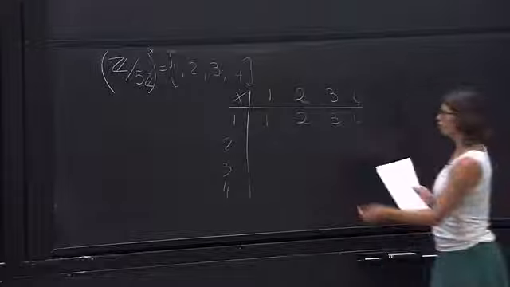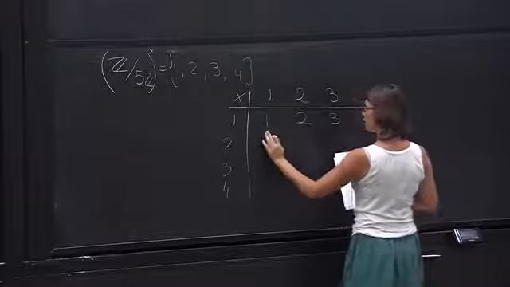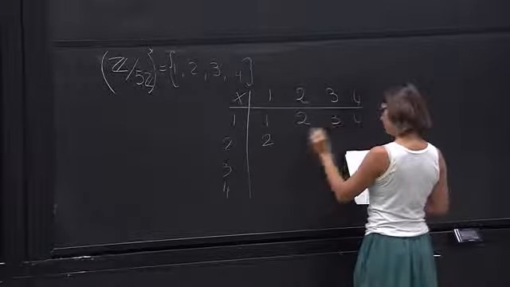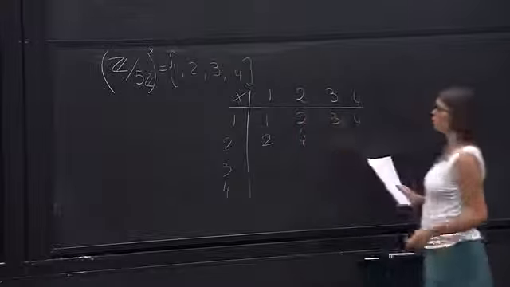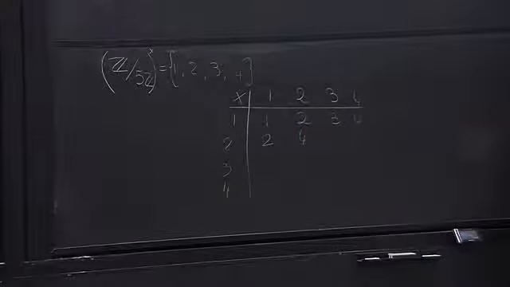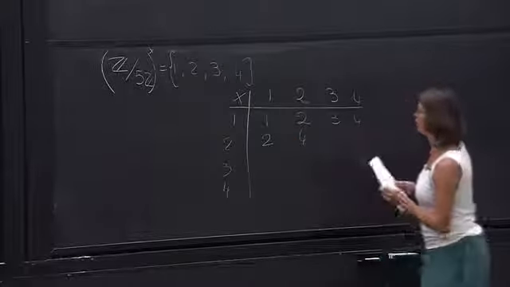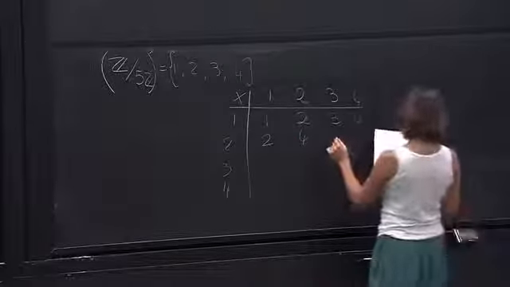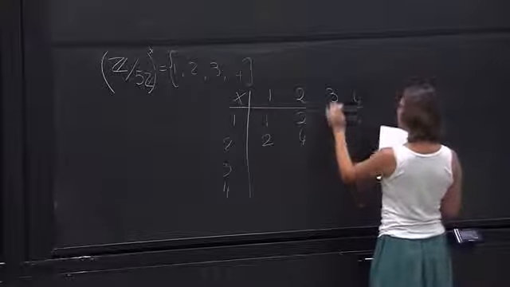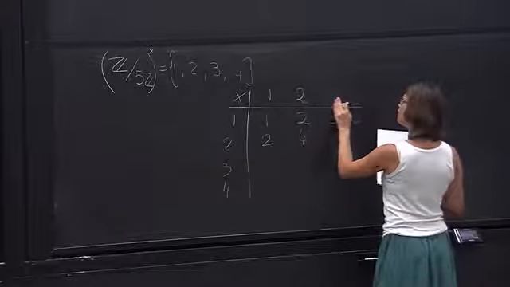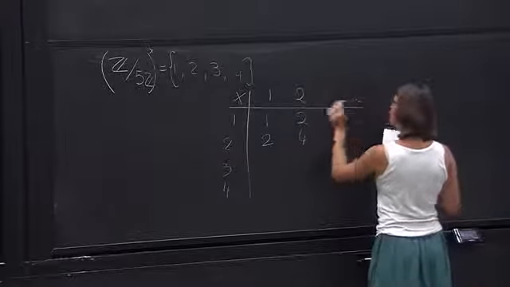So now let's go to 2. 2 times 1 is still 2. Then it's 4. Then 2 times 3, what do you get? 1. Are you sure? 2 times 3, yeah, sorry. Let's write. Sorry, guys, you're right.